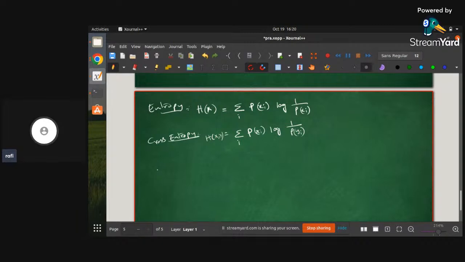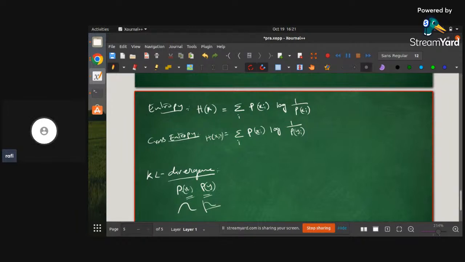There is one way of measuring the similarity between the two distributions of random variables, which is defined as KL divergence. If you have two distributions p of x and p of y, and you want to know the similarity between them, this might be following a Gaussian, this might be following a Poisson distribution.